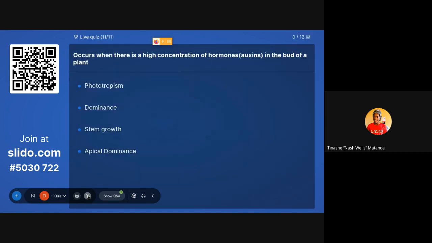Then up next, occurs when there is high concentration of hormones, specifically auxins, in the bud of the plant. What do we call that? When we have high concentration of hormones in the bud of the plant, what do we call that? Phototropism, dominance, stem growth, or apical dominance?